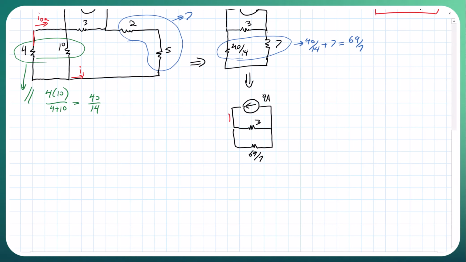We have this current coming down here, a branch current going this way, a branch current going this way. We can call this I1. Okay.